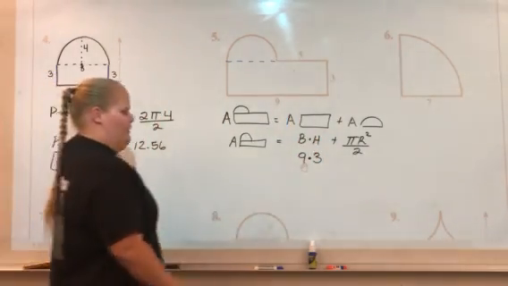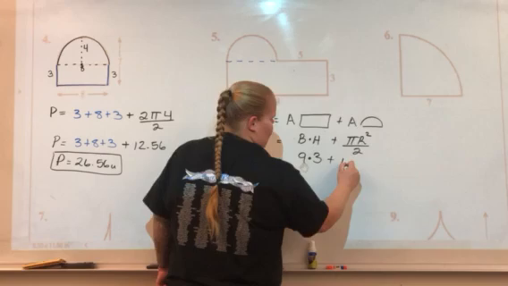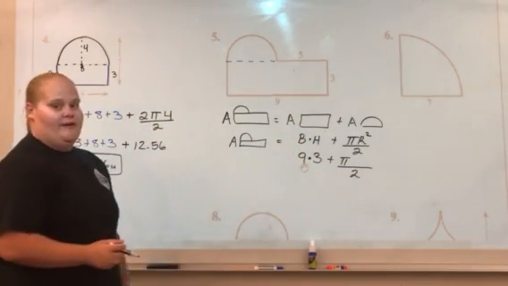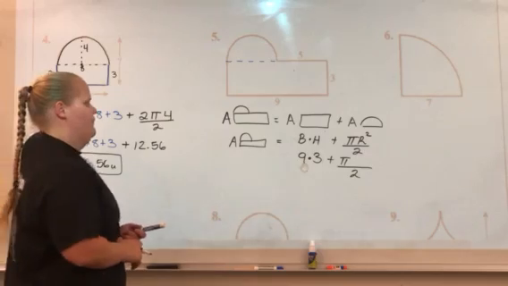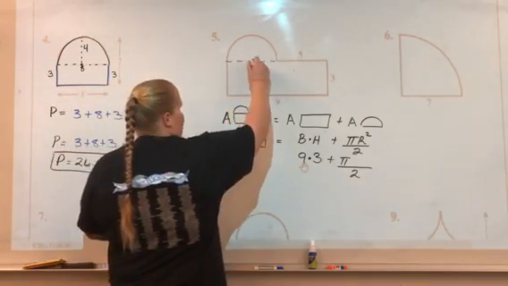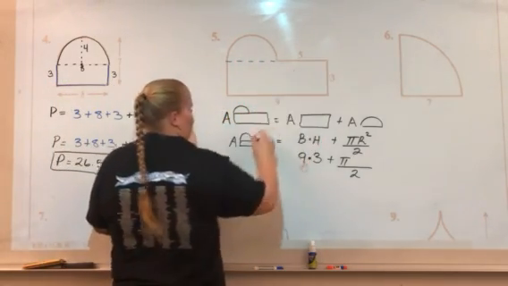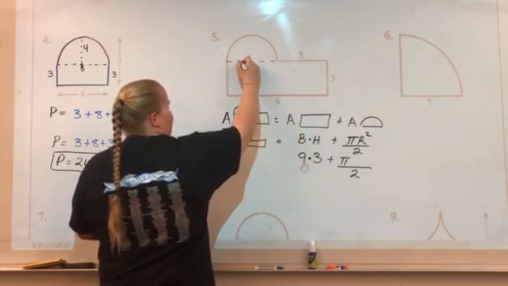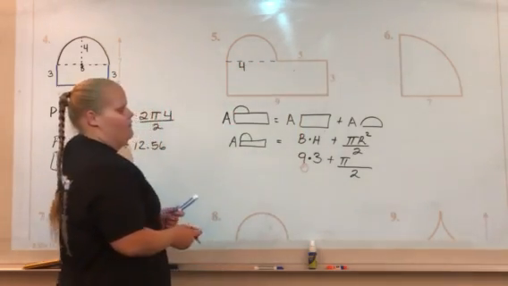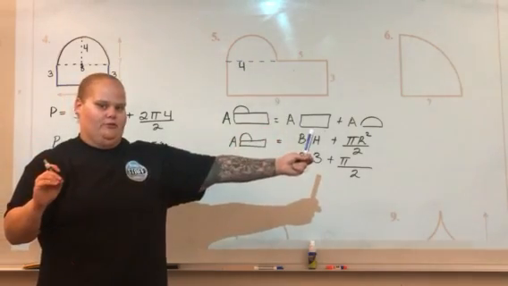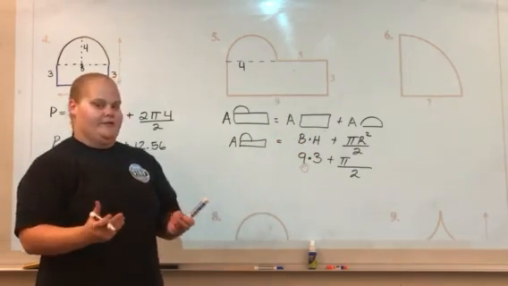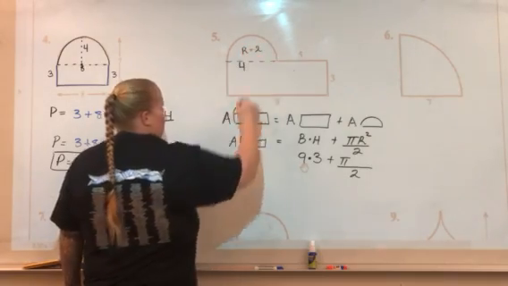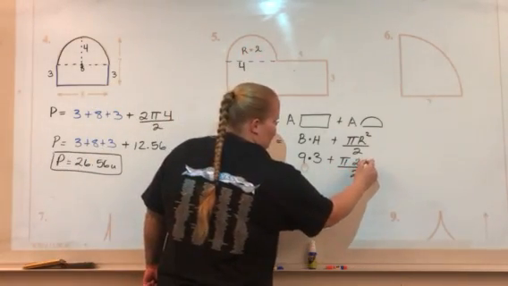Then I need pi r squared over 2. I need to figure out what the radius of that semicircle is. Well, if I know the entire length is 9, and this piece is 5, that means that this piece is going to be 4. But that's the whole way across the semicircle. We only need half of that for the radius. So the radius equals 2. So that's going to be 2 squared.